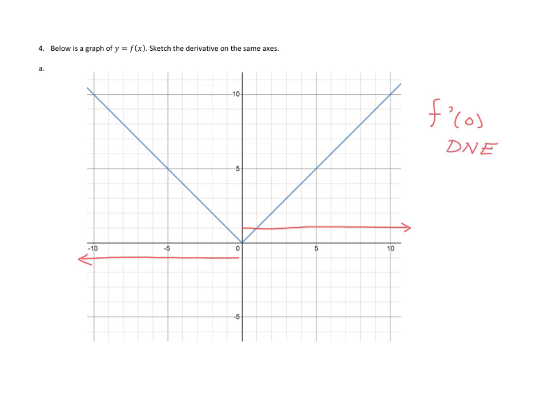We defined a derivative at a point to be the limit from both sides, which on the left it's -1, on the right is +1, so you can't actually define it to be anything at 0. And I'll indicate this by putting an open circle here and here. So at this corner, the derivative does not exist, but everywhere else, it's either 1 or -1.